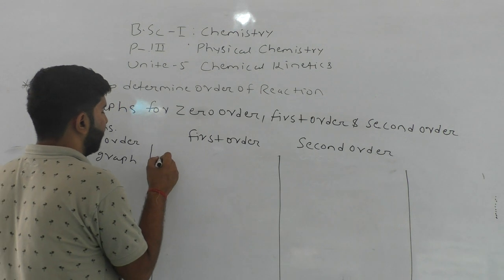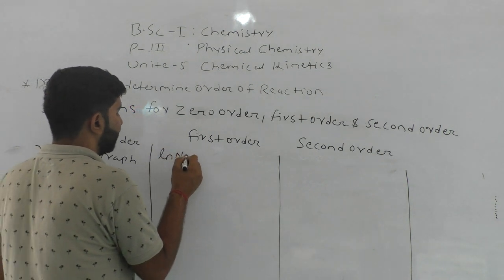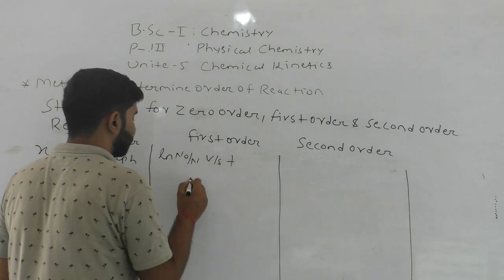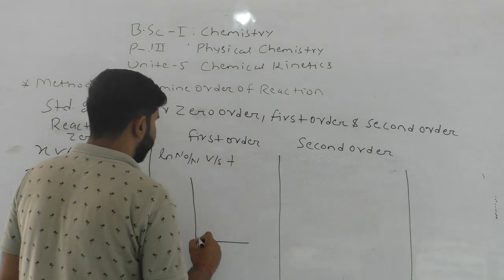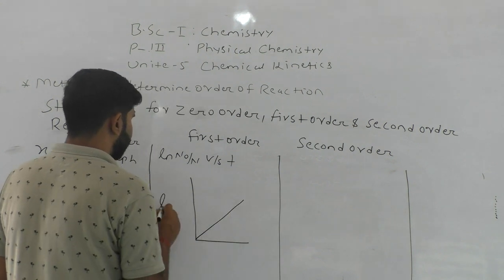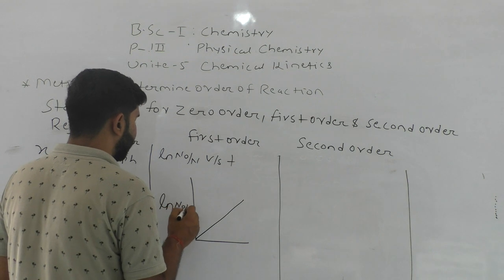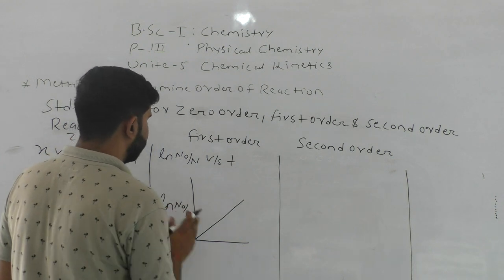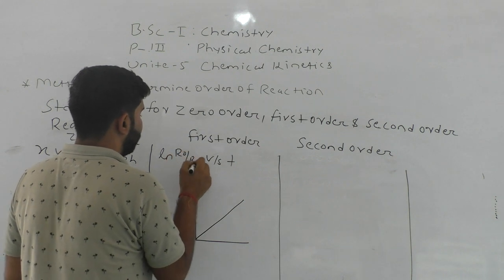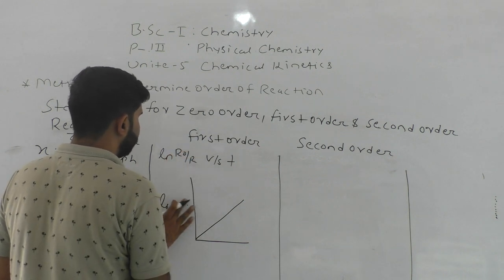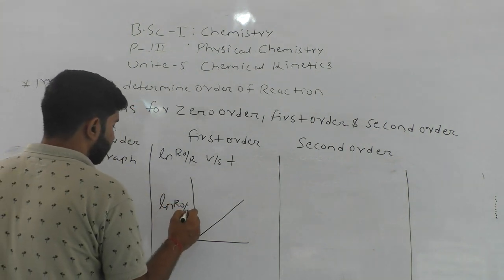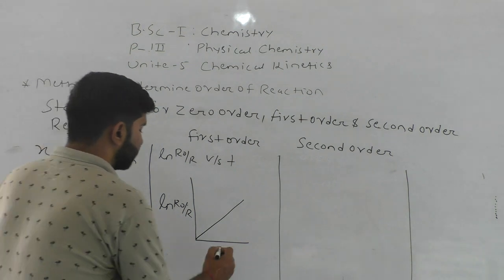Here we plot the graph between ln a naught upon a versus t. Sorry, ln R naught upon R versus t.